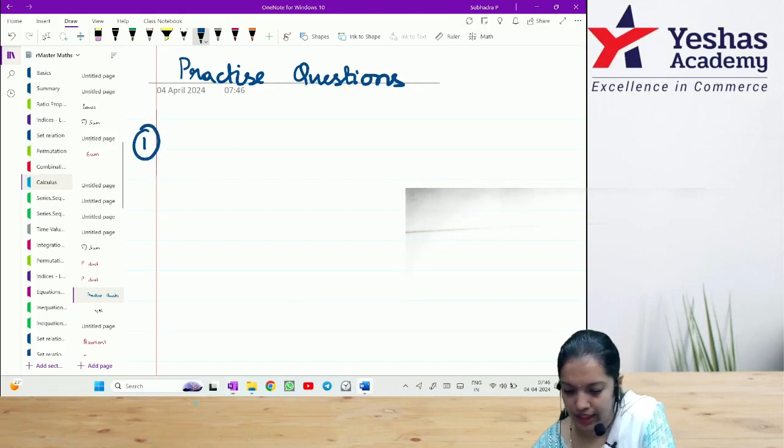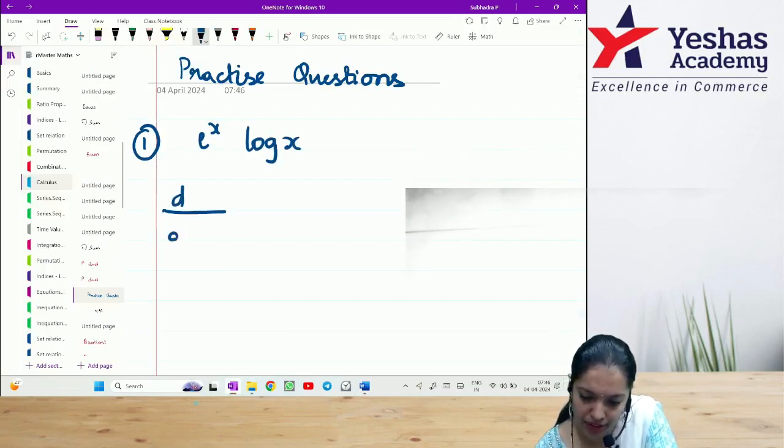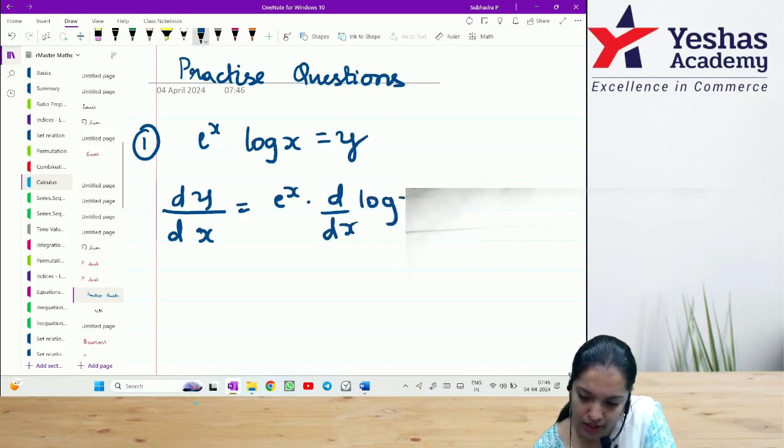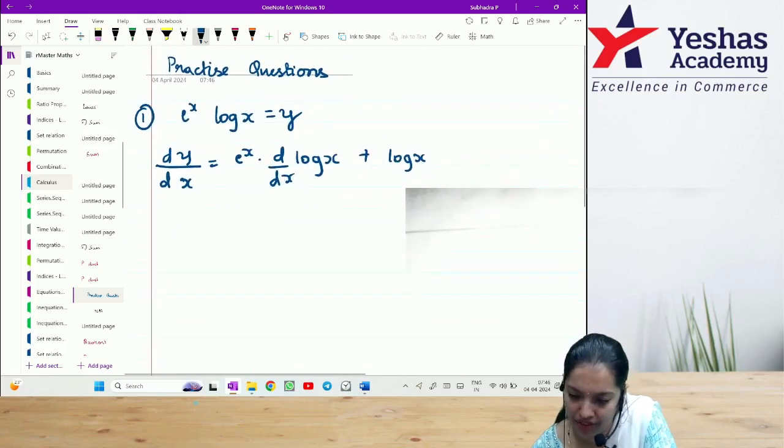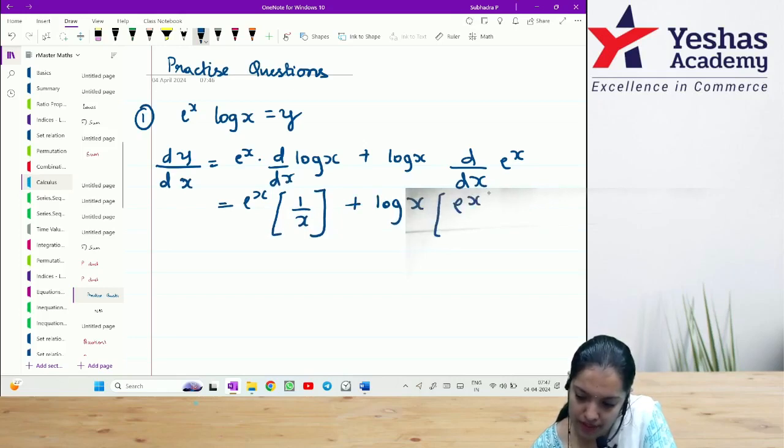First one was e power x into log x. I will assume this as y. The derivative of y will be e power x into the derivative of log x plus log x into the derivative of e power x. This will be e power x into 1 by x plus log x into e power x.